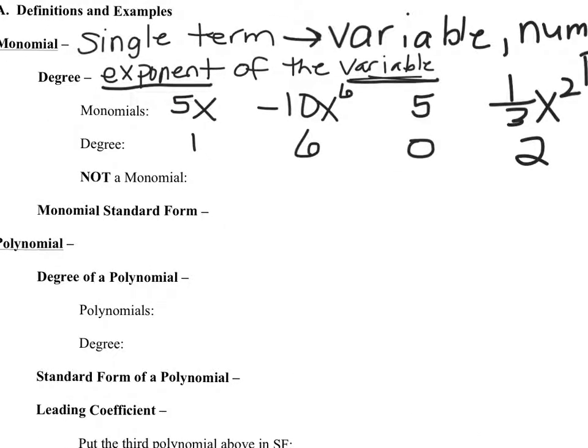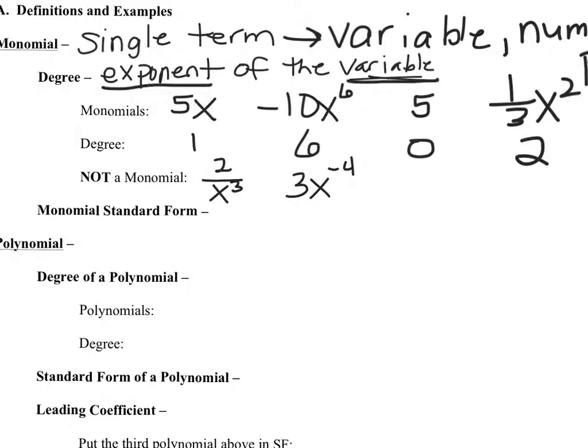Okay. Now, some things that are not monomials. Those are all monomials, okay? Something like this, 2 over x cubed, that's not a monomial. When you have the x in the denominator, that's something totally different that we'll study later. Don't worry, we're going to still study that. They're not monomials, though, okay? Something like this, 3x to the negative 4, that's not a monomial either because the exponent is negative.